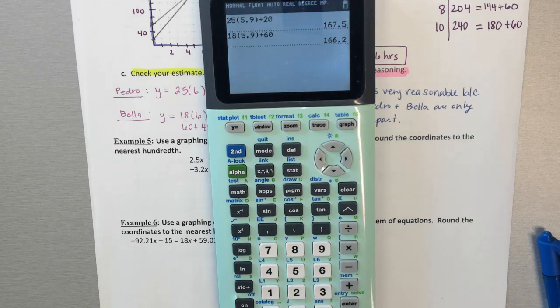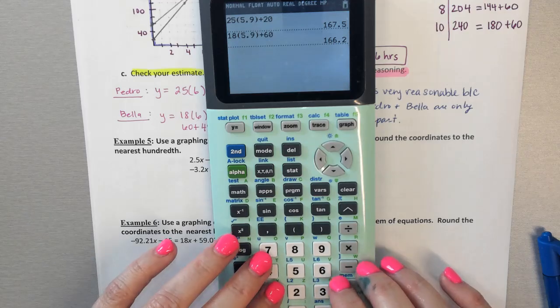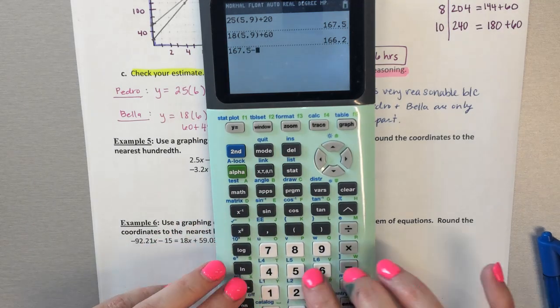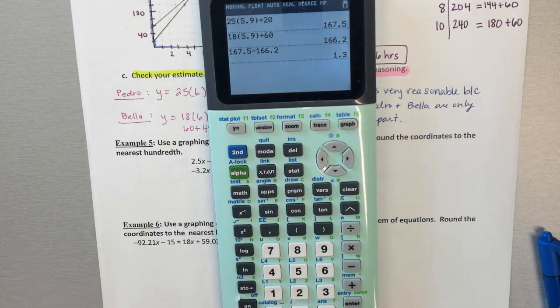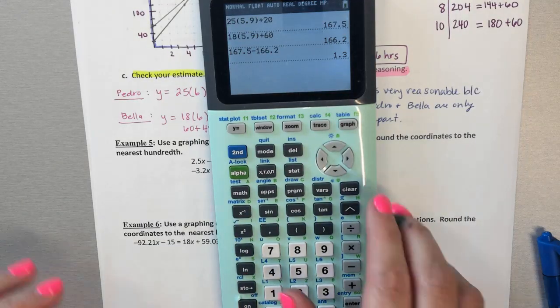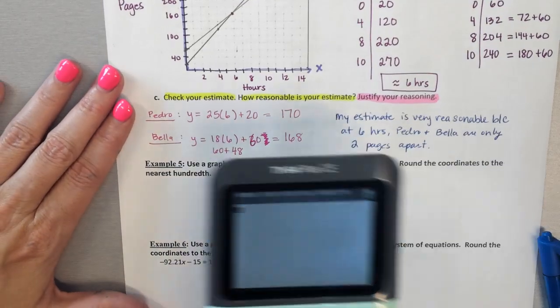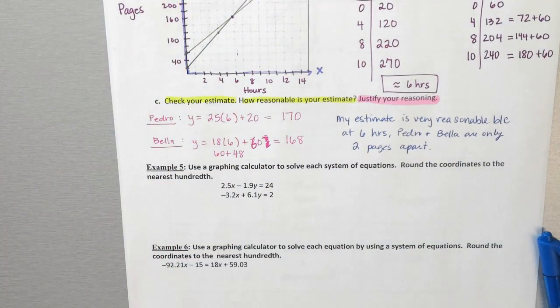So I would say in my reasoning that Bella would be approximately on page 166, and then 167, or you could say halfway on page 168. Again, you could find the difference between them, and say they're only 1.3 pages apart. So if you have decimals there, please feel free to calculate those with your calculator.